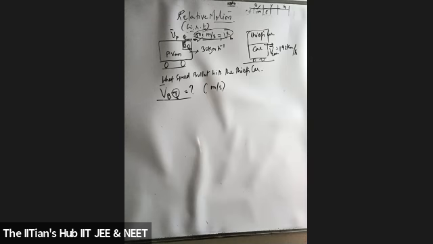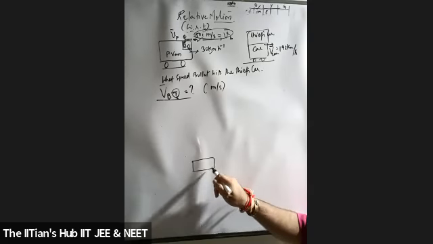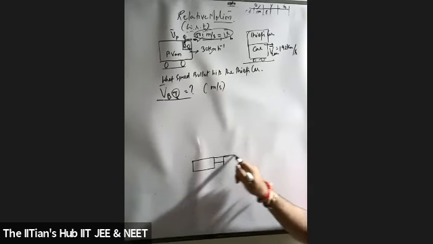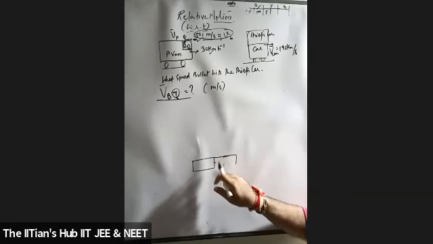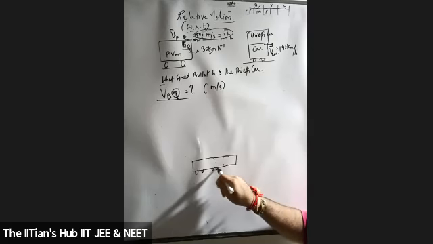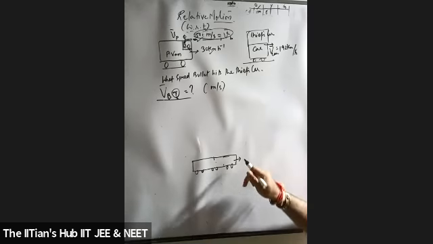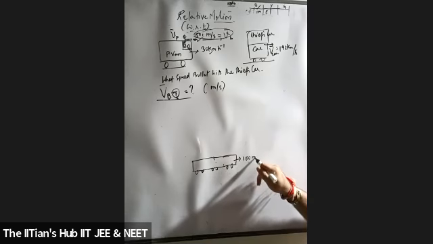Okay, students, listen carefully. This is a train, and it's a connected train, like a metro. The train is going with 100 meters per second.